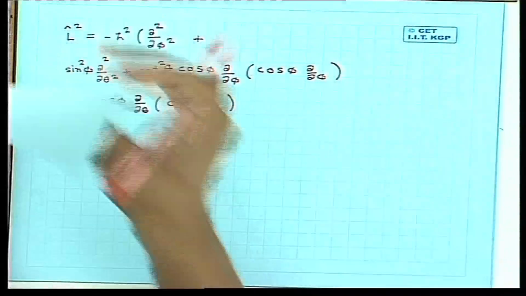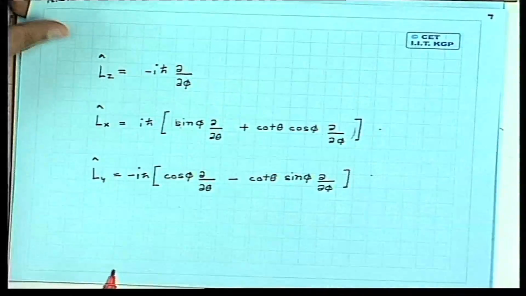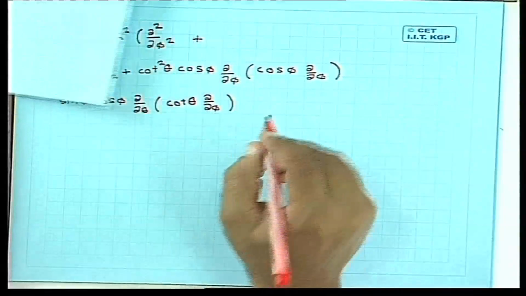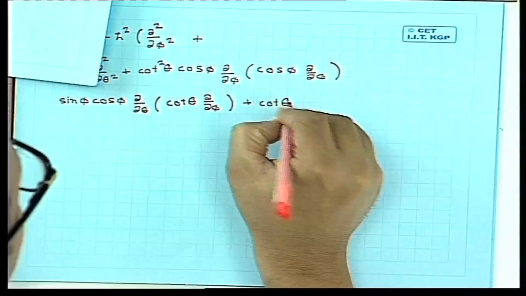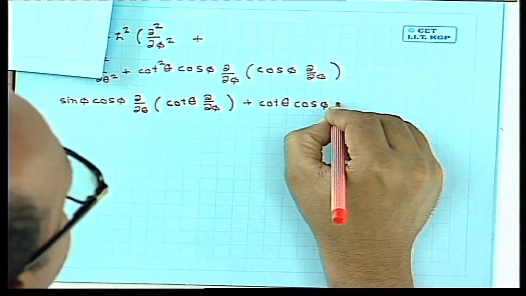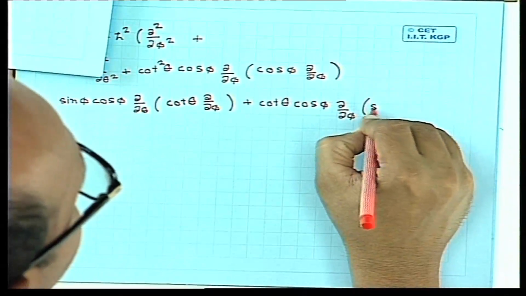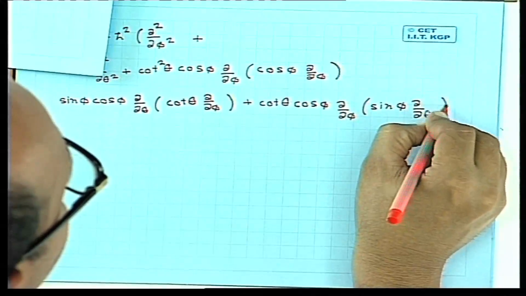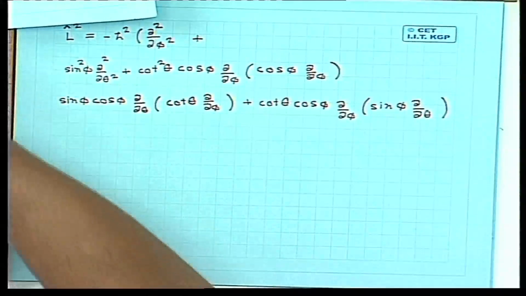And I have one more term which is this operator multiplied with this operator. Del del phi will act only on sin phi, so I have cot theta cos phi del del phi sin phi del del theta. So these are the four terms which arise from Lx squared.